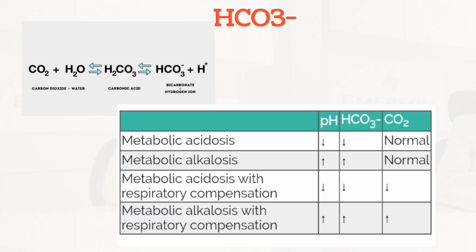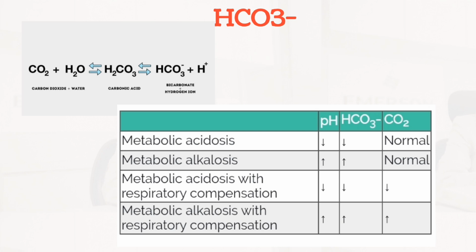Looking at the table, for metabolic acidosis, the pH is reduced, bicarbonate is reduced whilst carbon dioxide, CO2, is normal. Then metabolic alkalosis, pH is high, bicarbonate is high, then carbon dioxide is normal. For metabolic acidosis with respiratory compensation, pH is low, bicarbonate is low and carbon dioxide is low as well.